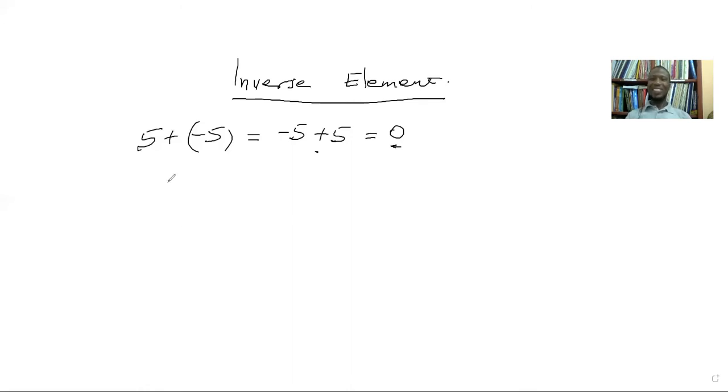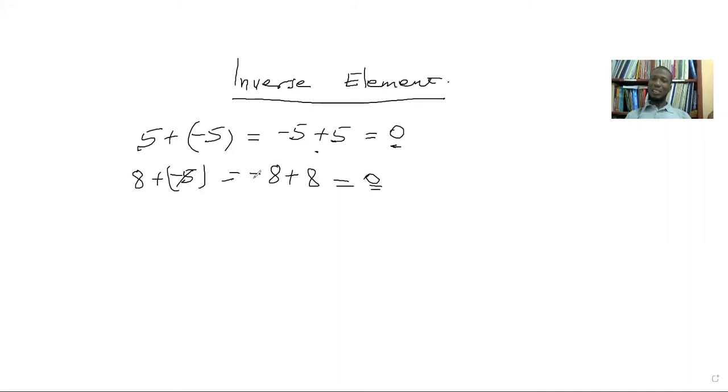Very necessary. Let's take another one. Let's say we take a number like 8 plus -8. That should be the same as -8 plus 8, which will give us 0, which is the identity element under addition.